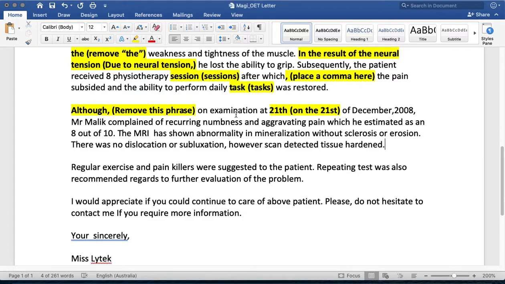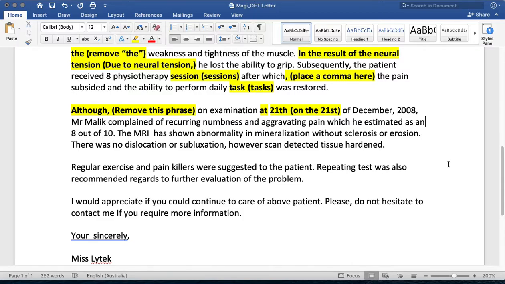So on examination on the 21st of December 2008, Mr. Malik, there should be a gap here as well. Mr. Malik complained of recurring numbness and aggravating pain, which he estimated as an 8 out of 10. It's not good.